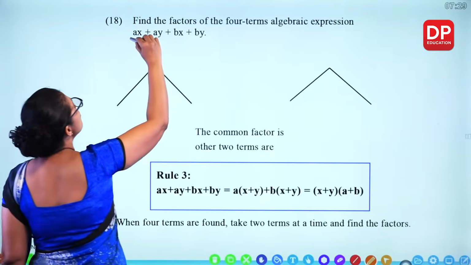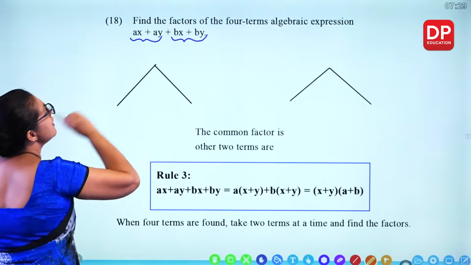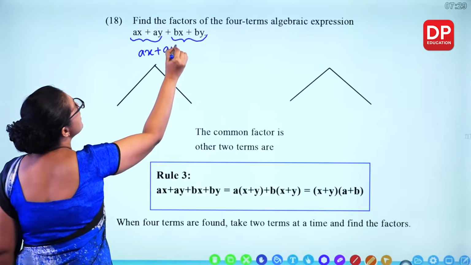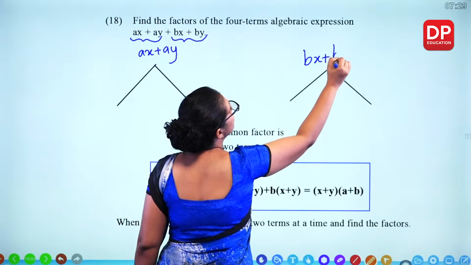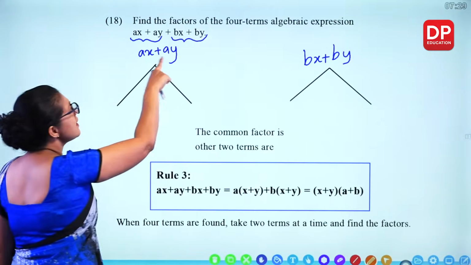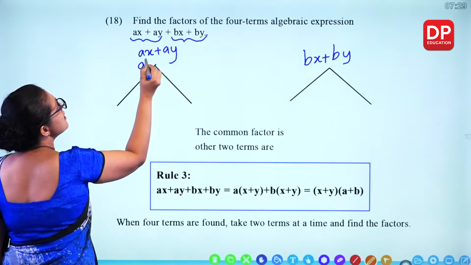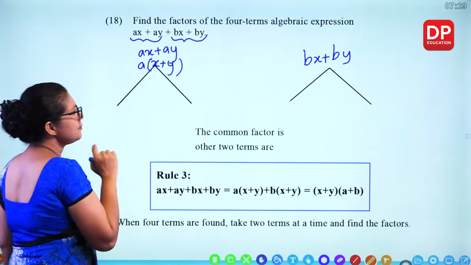We'll take the first 2 separately and the next 2 separately. So I can write ax plus ay and this one is bx plus by. When you take this expression, what's common? A is common, take it out and then I can write x plus y there.